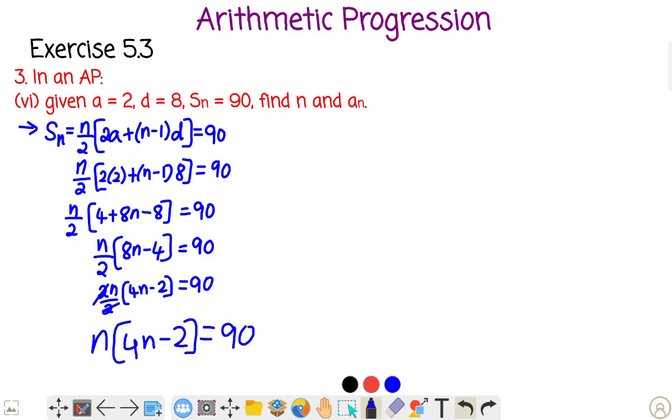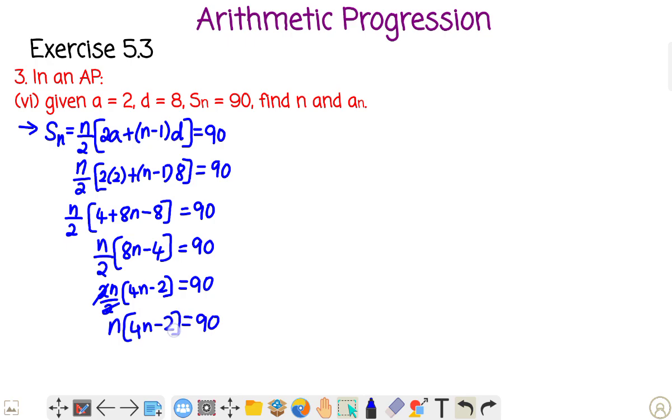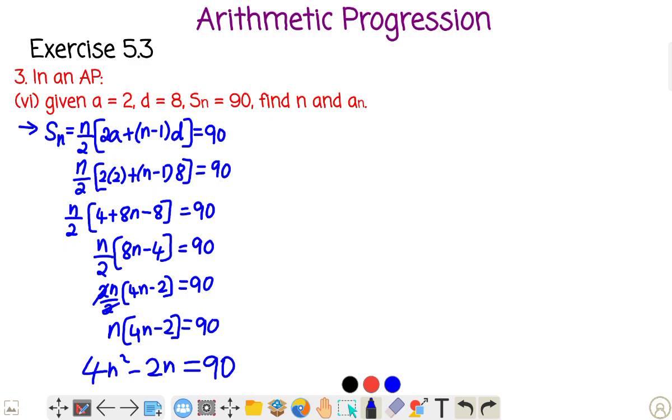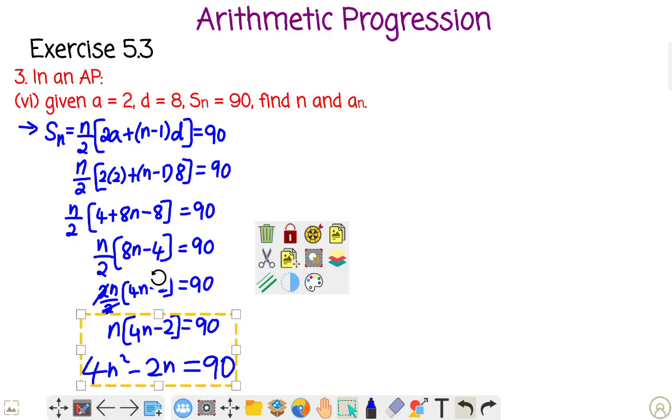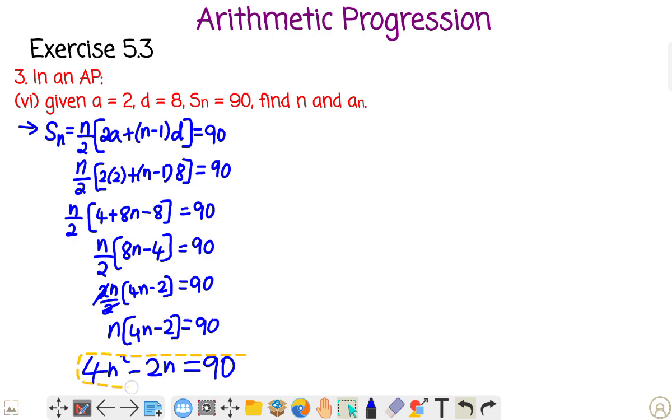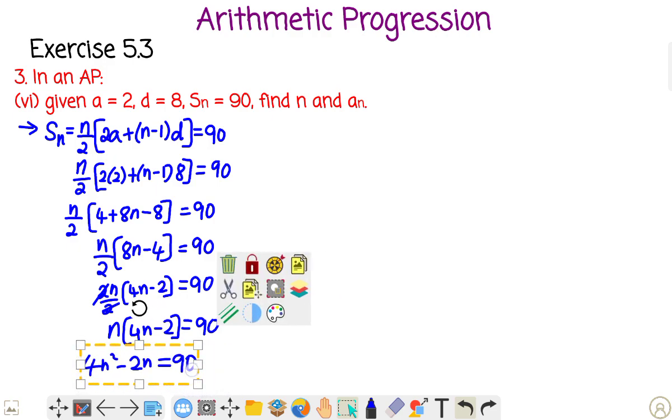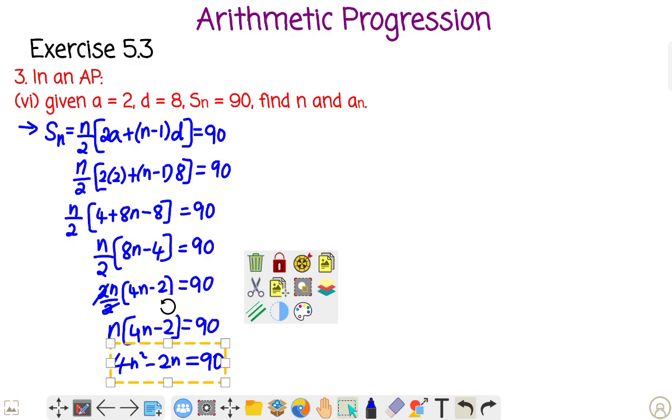Okay, so if I want the n value, I'll multiply the brackets. So 4n square minus 2n is equal to 90. ಇದನ್ನ ನಾನು ಹೇಗೆ ಬರೀಬಹುದು, ಅದು ನಾನು ಬ್ರಾಕೆಟ್ ಓಪನ್ ಮಾಡಿದ್ದೀನಿ ಅಷ್ಟೇ. n into 4n will be 4n square, minus 2 into n is 2n, is equal to 90.